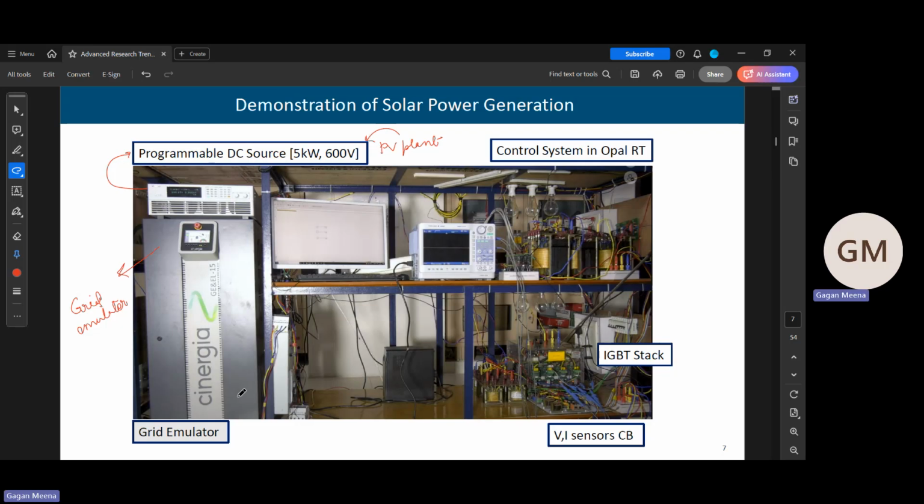The control of the PV, the MPPT algorithm, and the firing pulses required for driving the IGBT stack or the gate driver circuit of the IGBT are designed in the OPAL-RT system.